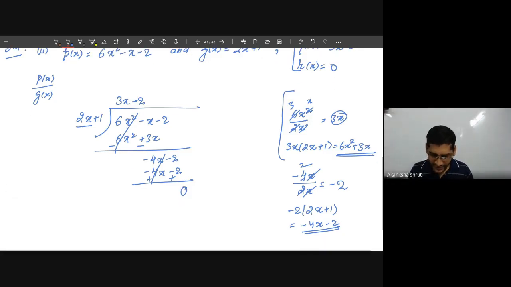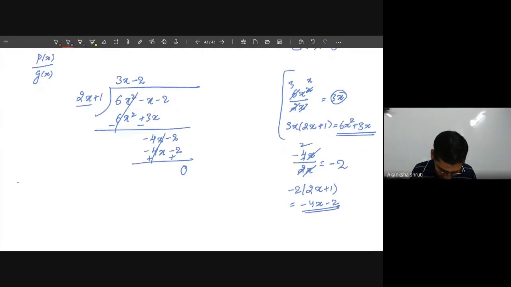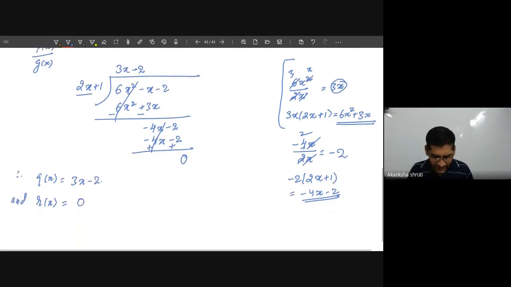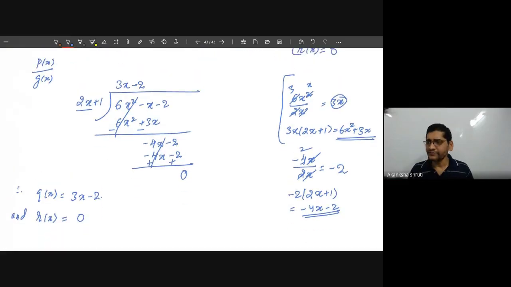Students, it was so simple. Therefore, quotient qx is equal to 3x minus 2 and remainder rx is equal to 0. Now, students, what can we write by the division algorithm?